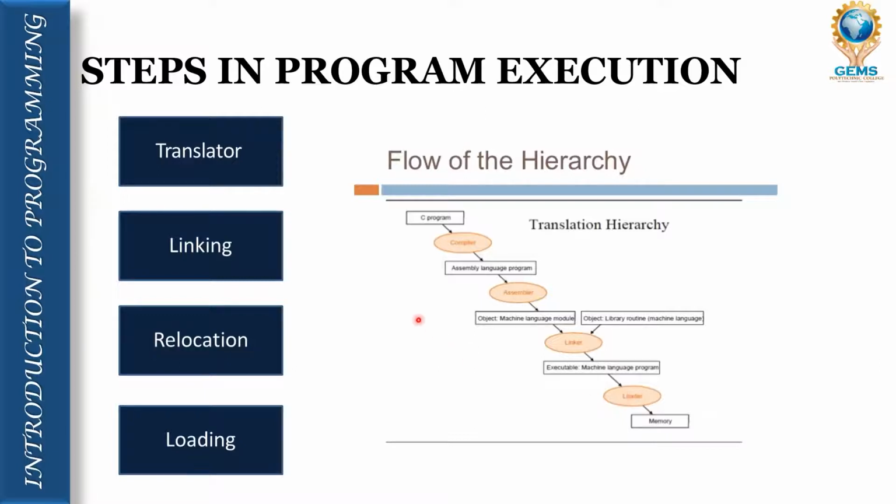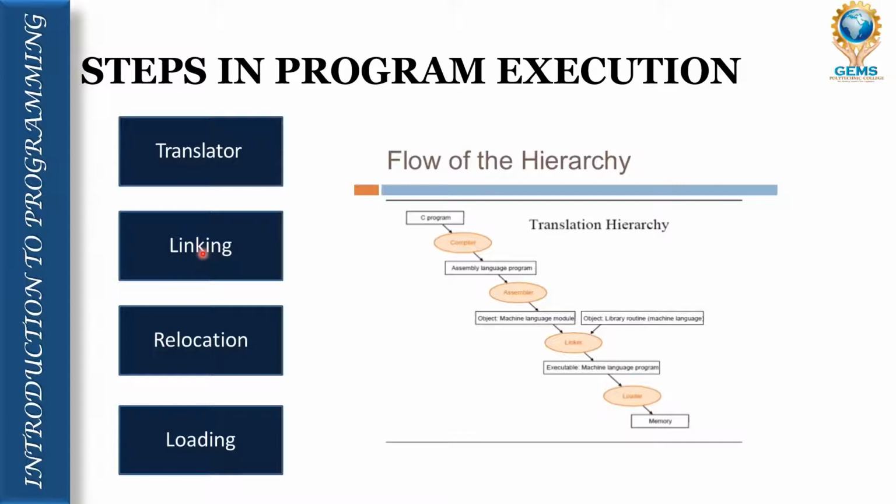Dear students, these four concepts are used in program execution. Translator: here the compiler and assembler act as translators. Linking means we link or merge the machine language modules and library routines to make the program an executable program.